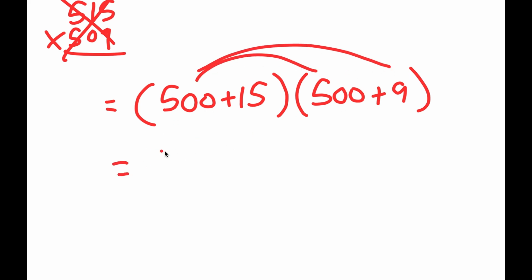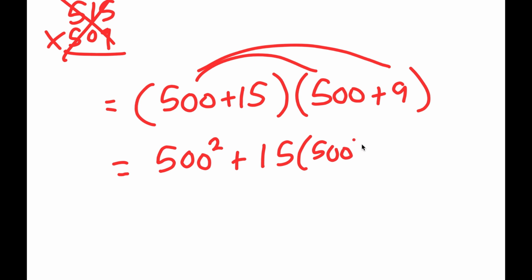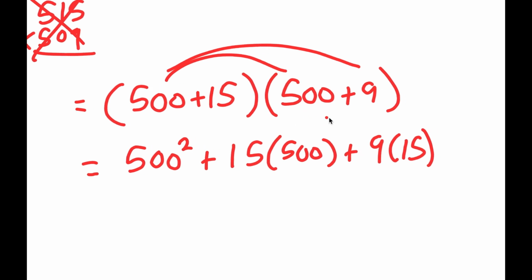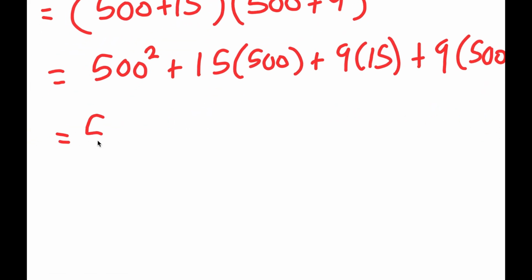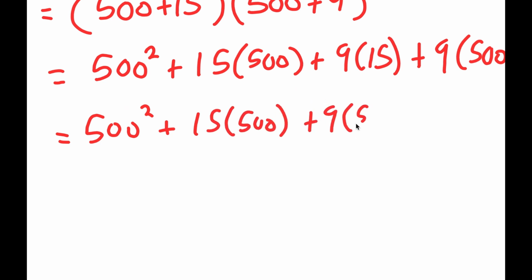So 500 times 500 is 500 squared, plus I get 15 times 500, plus 9 times 15, plus 9 times 500. And I'm going to get this as 500 squared plus 15 times 500, plus 9 times 500, plus 9 times 15.